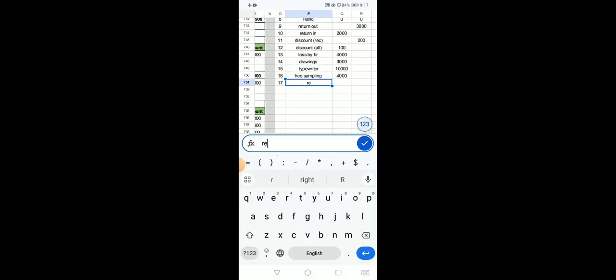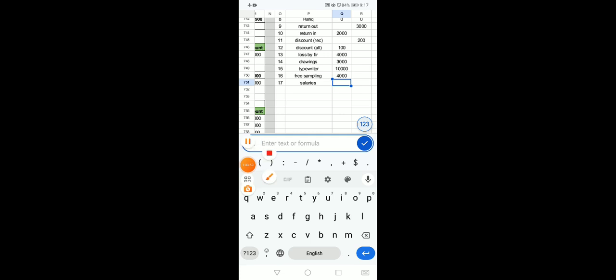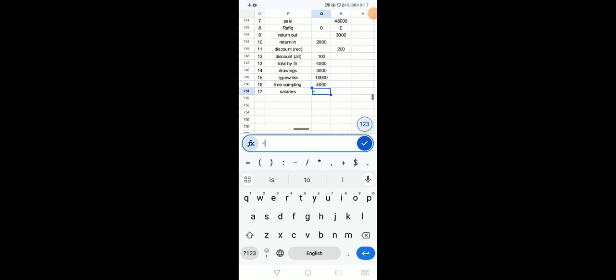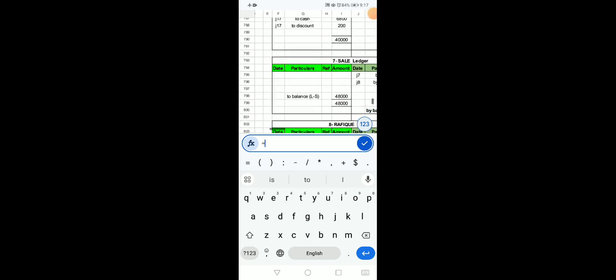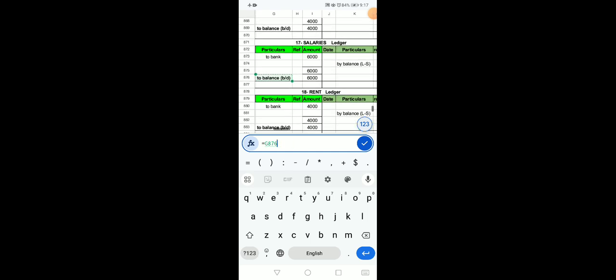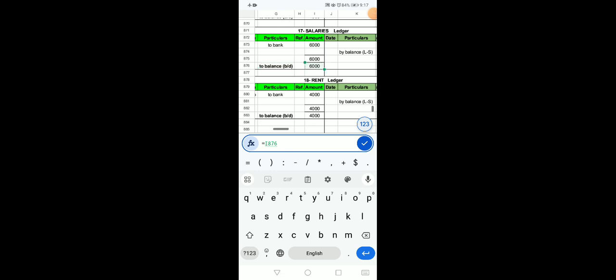The title is salaries. So you will go to the trial balance and write down salaries. Okay, for salaries you will see where the balance of salary is written. The ledger number is 17. So go to the 17th ledger. Here you have the 17th ledger. The balance is brought down on which side? Debit. The balance is 6000.